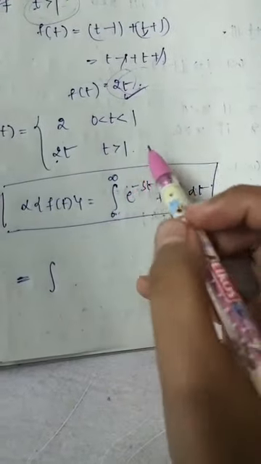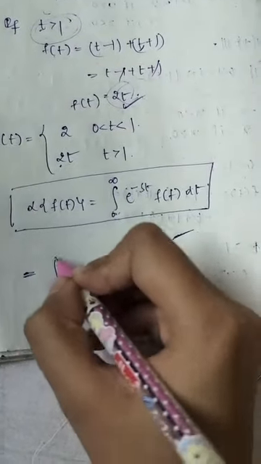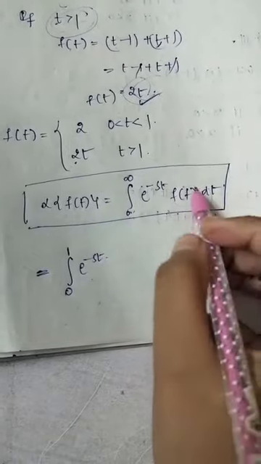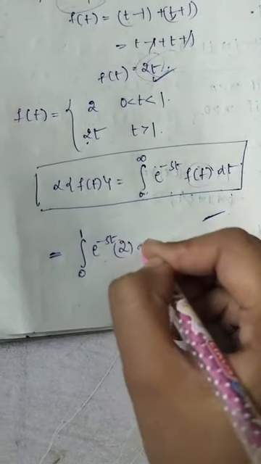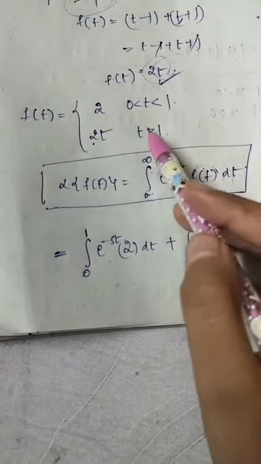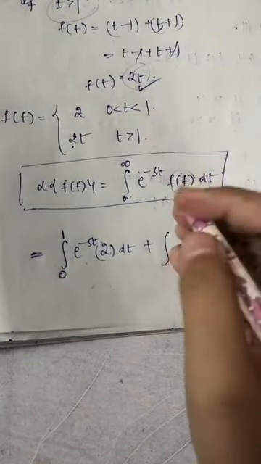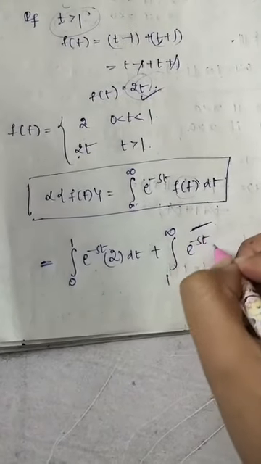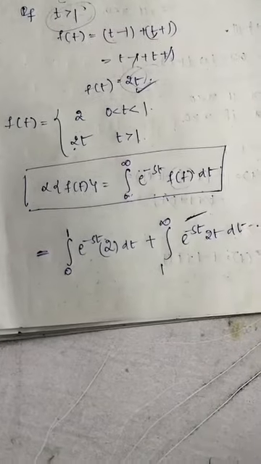So now using this, here we have a condition from 0 to 1. So we'll keep 0 to 1 and e power minus st. Here f of t is what? 2 dt, plus again from 1 to, t is greater, we said t is greater, up to where we don't know. So up to 1 to infinity, e power minus st, and f of t is 2t dt.